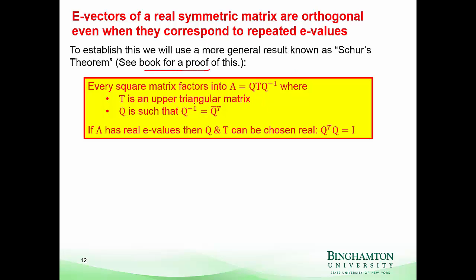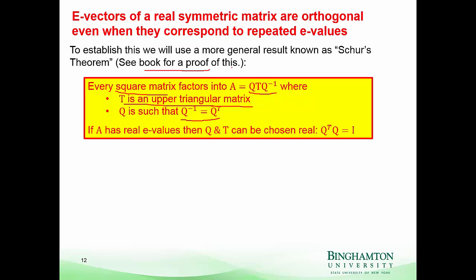But Schur's theorem says that every square matrix, there's no symmetric here, every square matrix can be factored this way, where Q is clearly orthogonal and T is some upper triangular matrix. So this looks like a pretty useful and snazzy little decomposition.